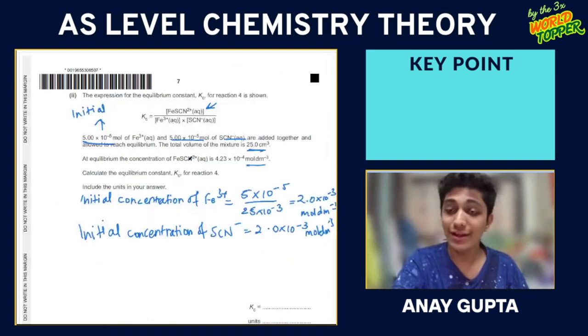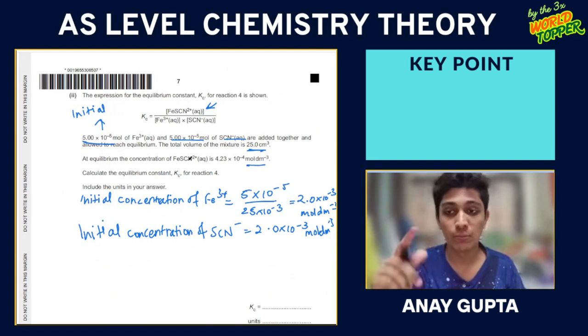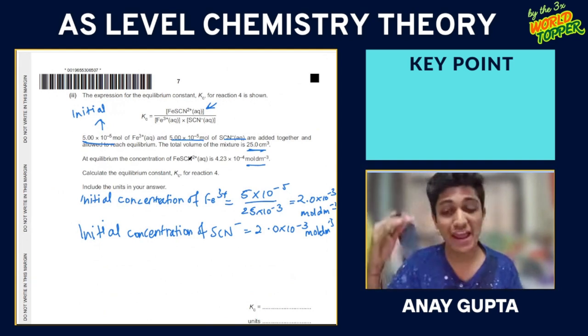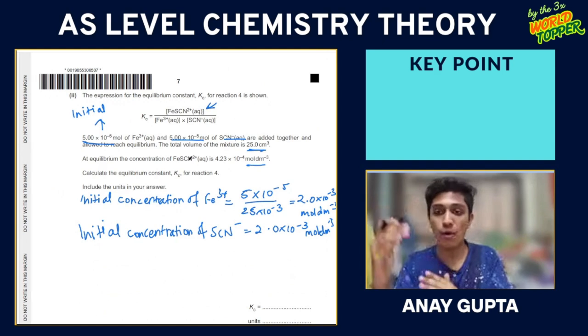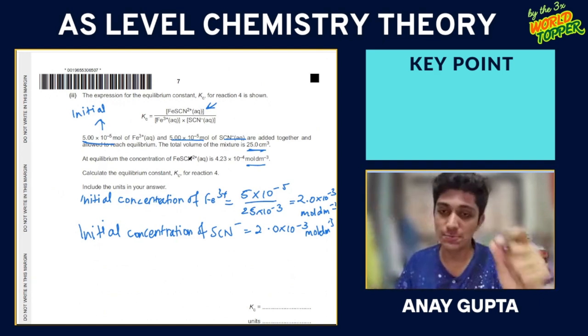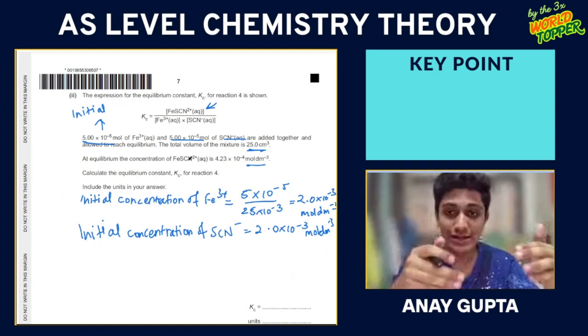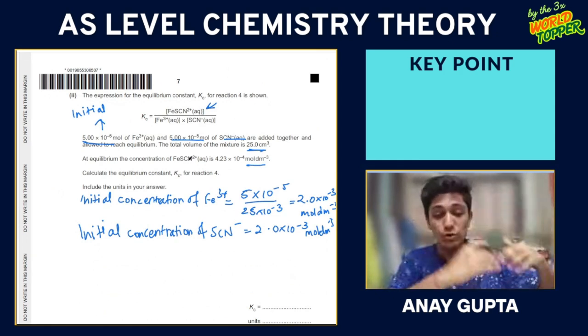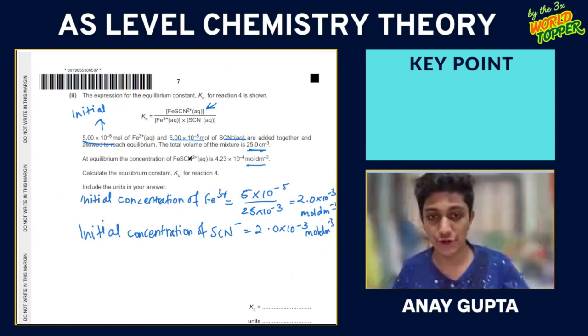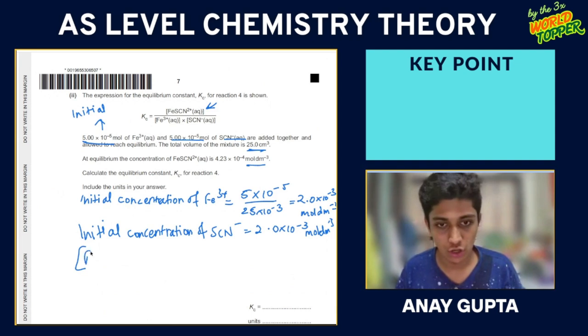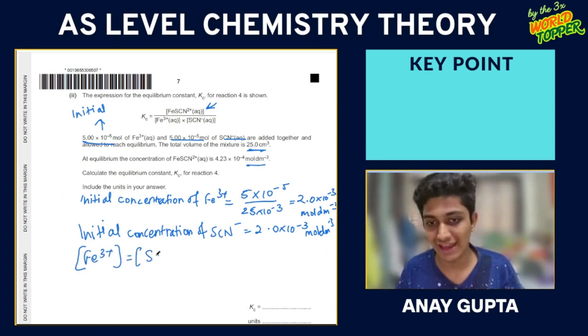So 4.23 into 10 raised to minus 4 mole per dm cube of FeSCN2+ is formed, so that many moles per dm cube of my reactants is taken away and used to make that product.